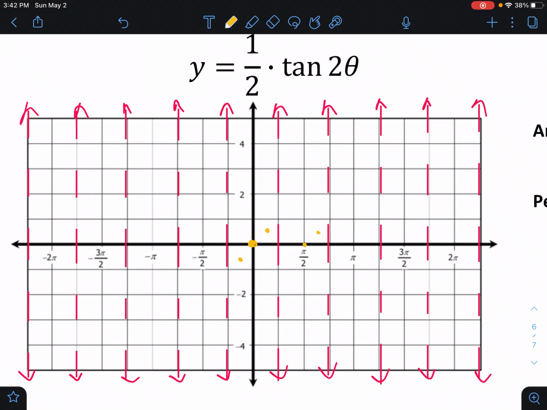I'm going to do that all the way throughout here, and then make sure I graph that as best I can. And then we have tangent.